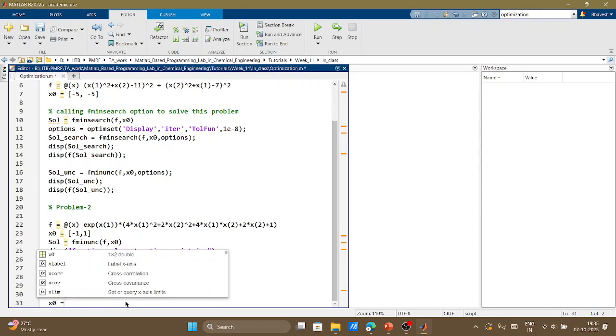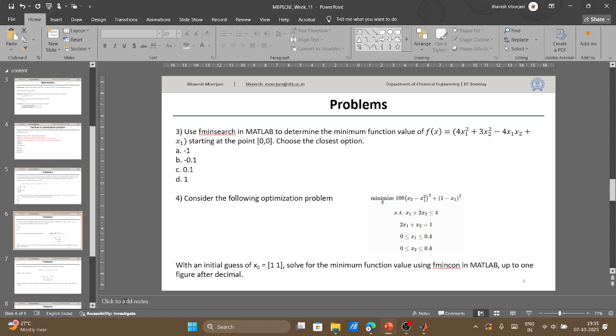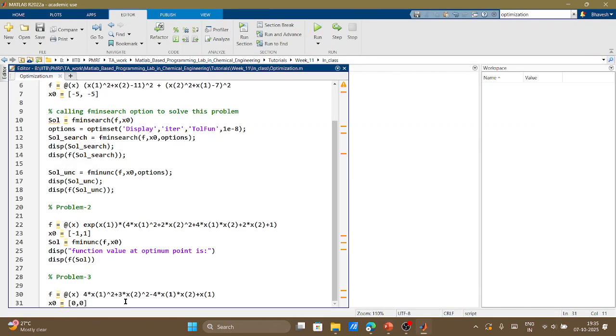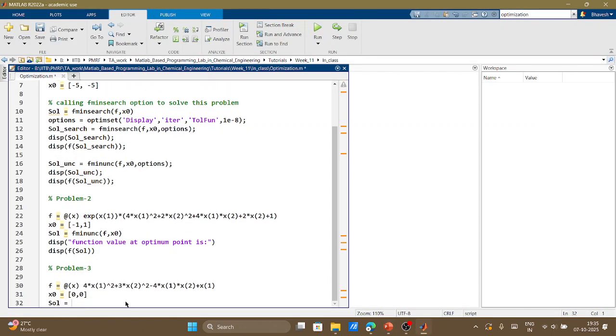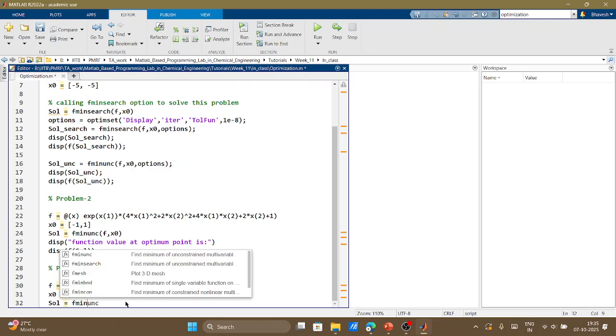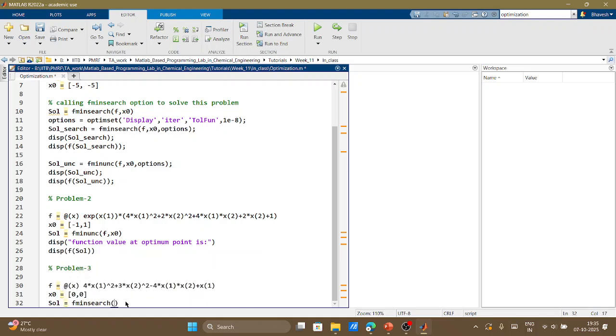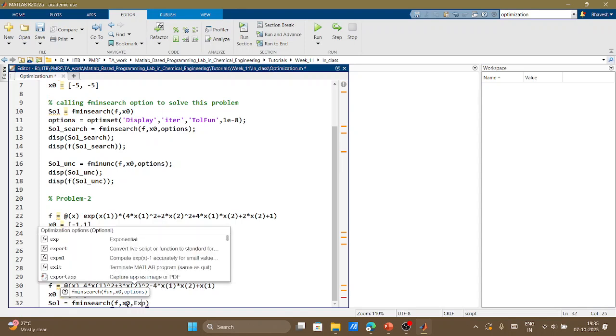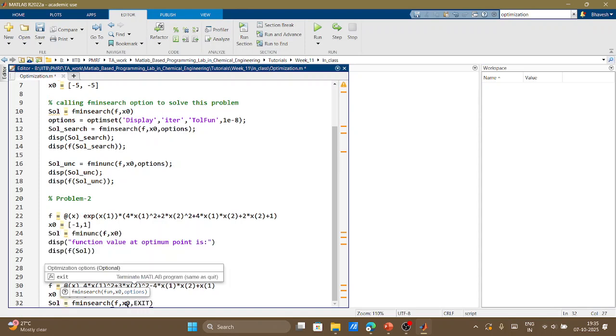The x0 value is given as 0 comma 0, right? Then the solution to this will be fminsearch with the function and x0 value. You can here also use an exit flag command.